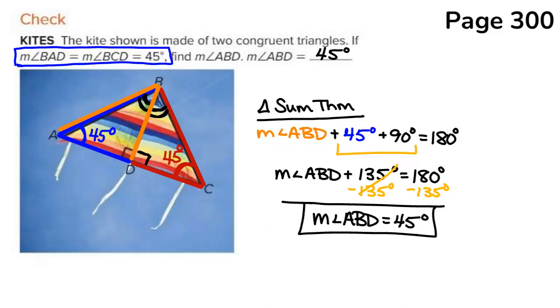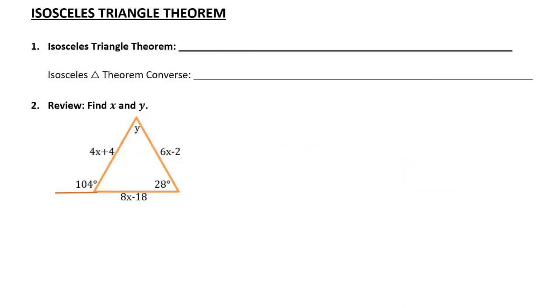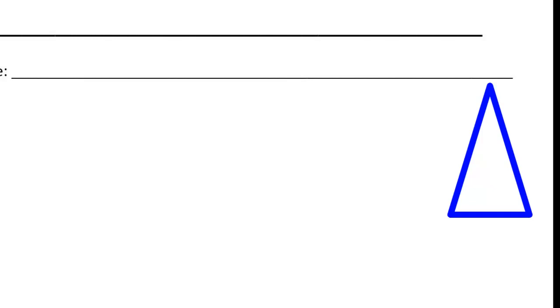Yes, an isosceles triangle has two congruent sides. So I'm going to draw a picture here. So there's my little example of an isosceles triangle. Two of the sides are congruent.